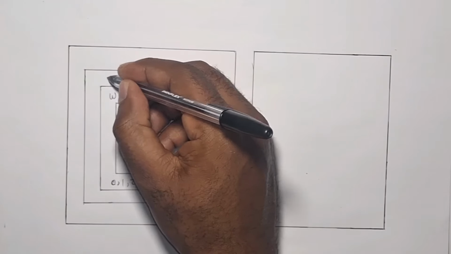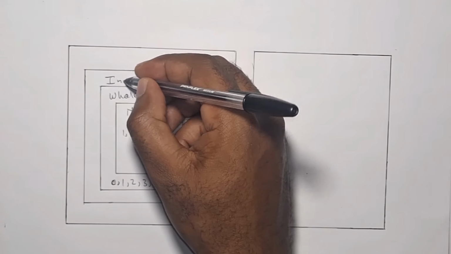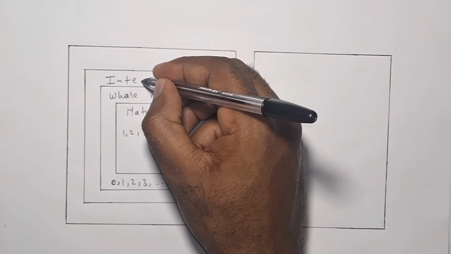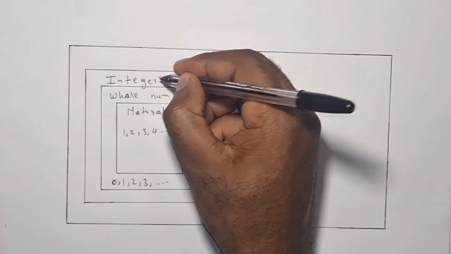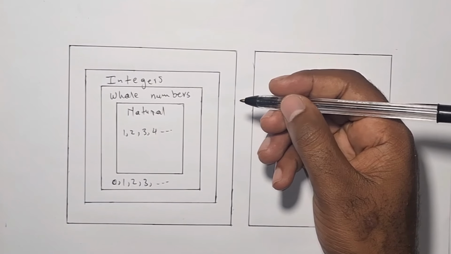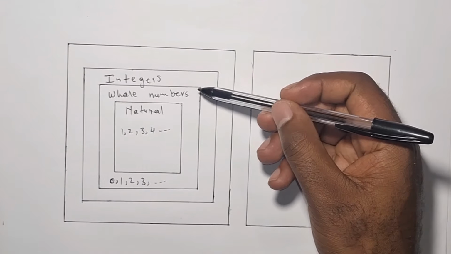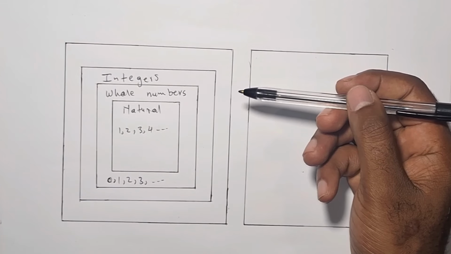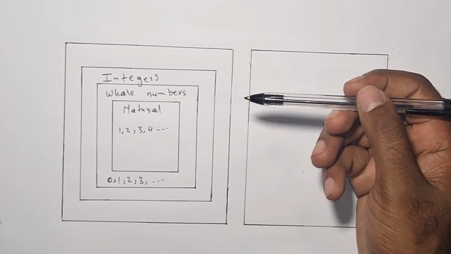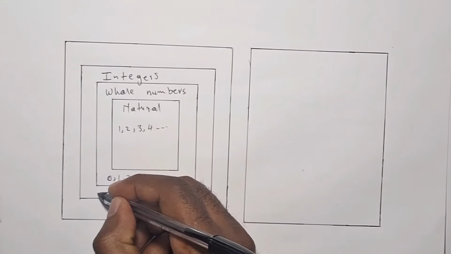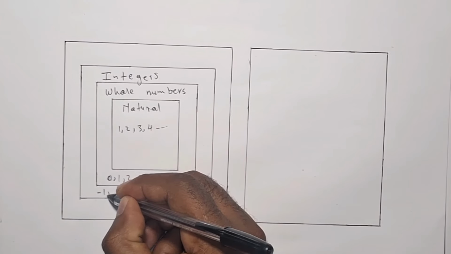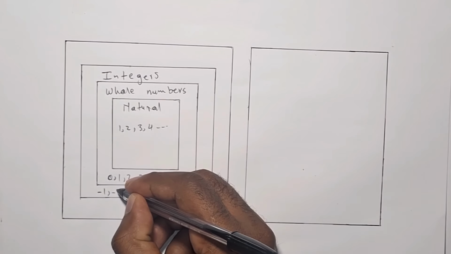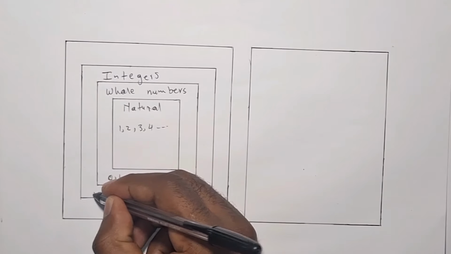The next classification of numbers is integers. So integers include all the whole numbers we have talked about, but there is a twist. They also include the negatives of those whole numbers. So like -1, -2, and -3. So we can say it's whole numbers with a mirror image on the negative side.